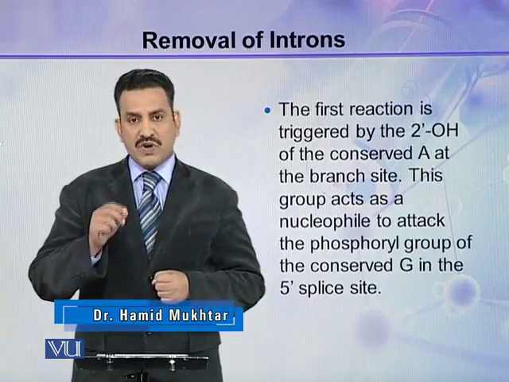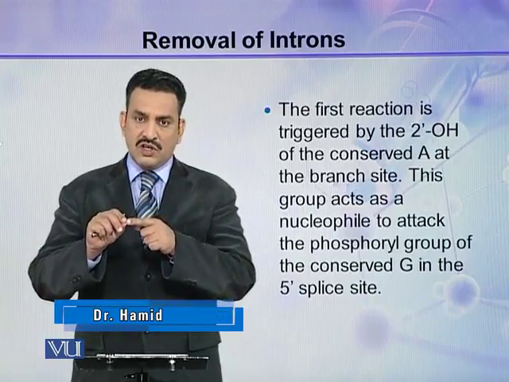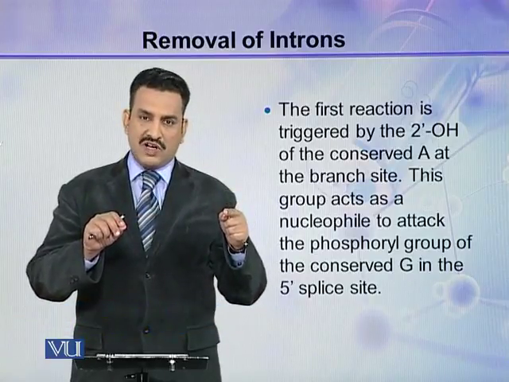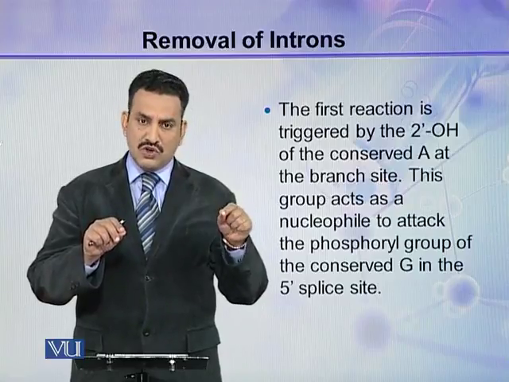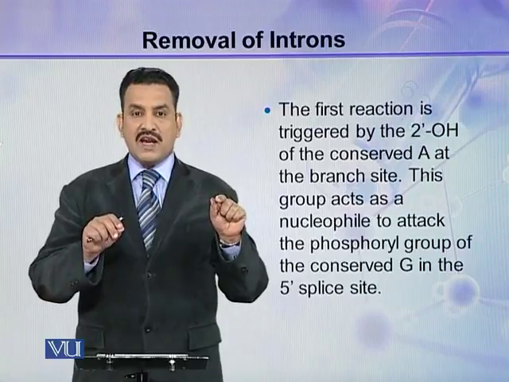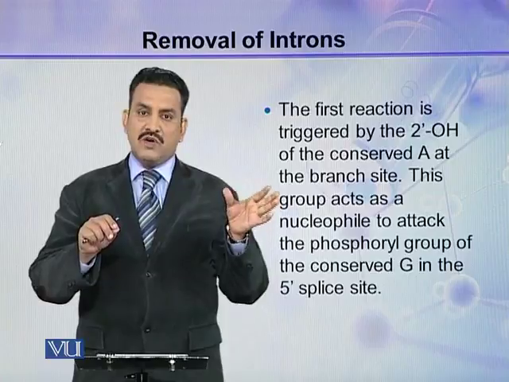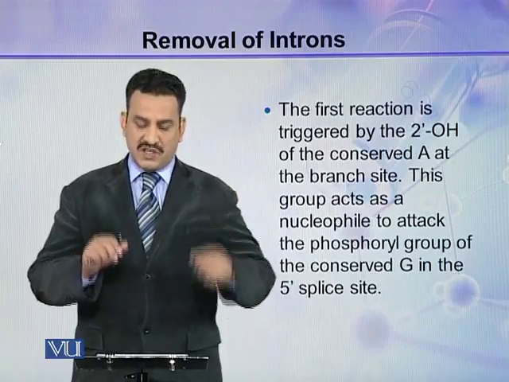So the 2' OH of this A attacks the G nucleotide, and in the G nucleotide it attacks the phosphoryl group, and this G nucleotide is present at the 5' splice site.